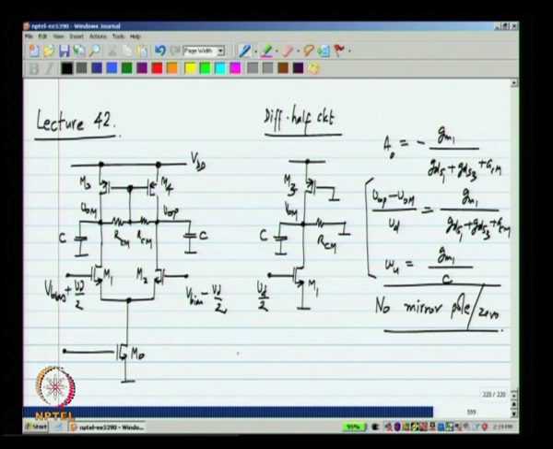The other things remain the same. The noise we have already calculated, the input referred noise, turns out to be exactly the same as what we had in the single ended op amp. I am not going to work it out here, but we have already looked at how to calculate the noise of the fully differential circuit from the differential half circuit.